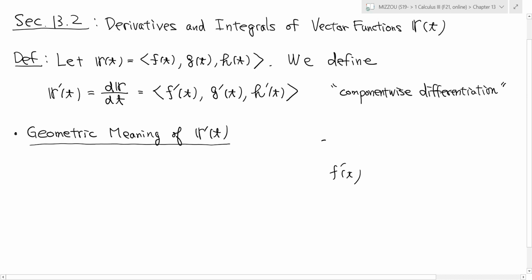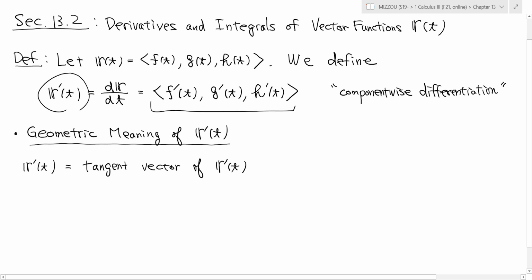Now, in the case of a vector function, it has to do with the tangent line. But it turns out that in this case, the derivative is basically a tangent vector of the curve of t. So the derivative itself is another vector.